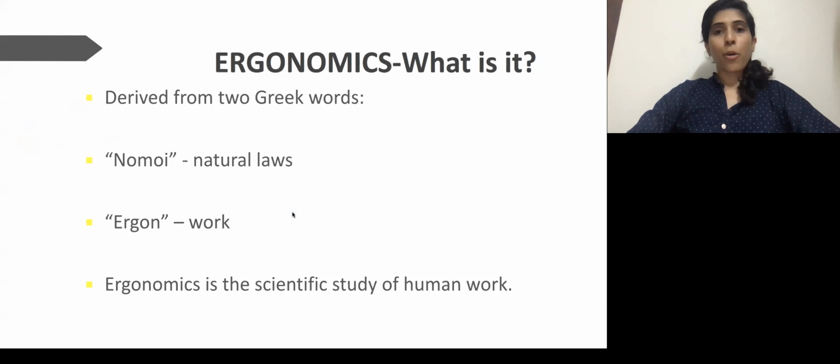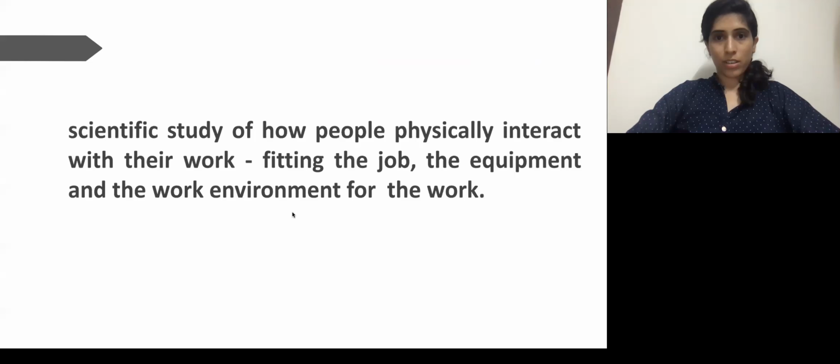So, ergonomics is the scientific study of human motion. In other words, it is the scientific study of how people physically interact with their work, fitting to the job, the equipment and the work environment.